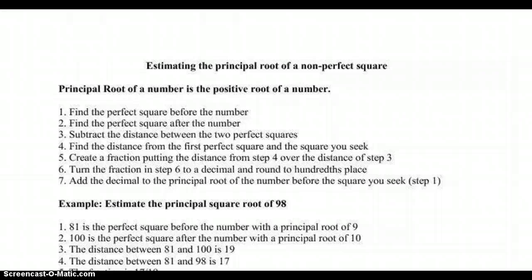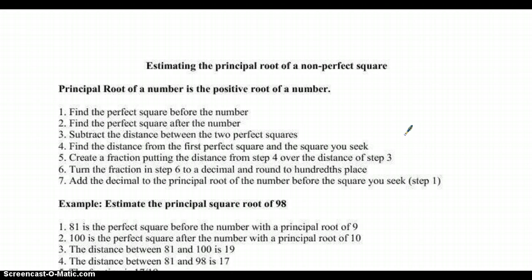It's really not complicated. In order to find the principal root of a number, first we find the perfect squares before the number and the perfect squares after the number. That's really easy to do; you can just do that automatically. Then you subtract the distance between the two perfect squares, find the distance from the first perfect square to the square you seek, and create a fraction: the distance from step 4 over the distance from step 3.